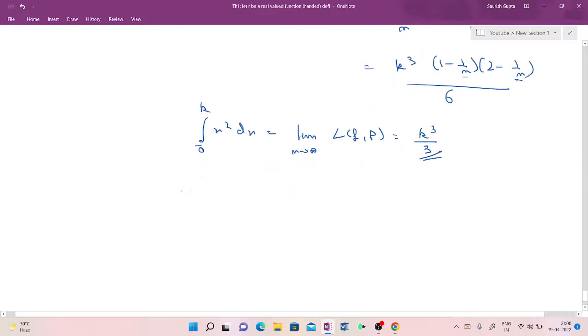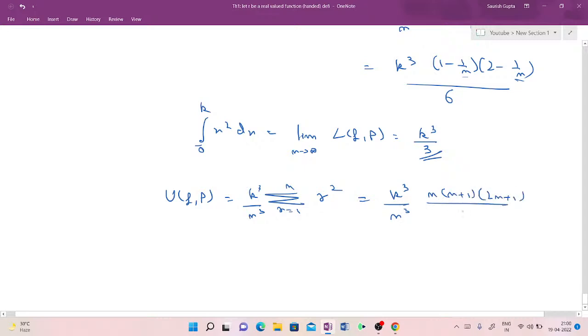Try the same thing for UFP. You can do it yourself. This comes out to be k cube upon n cube, summation r equals 1 to n, and here you have r square, so this will be k cube upon n cube times n into n plus 1 into 2n plus 1 upon 6.